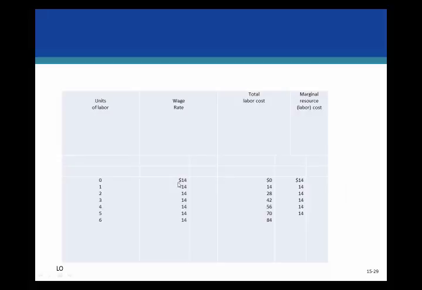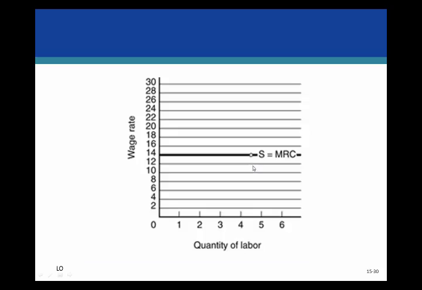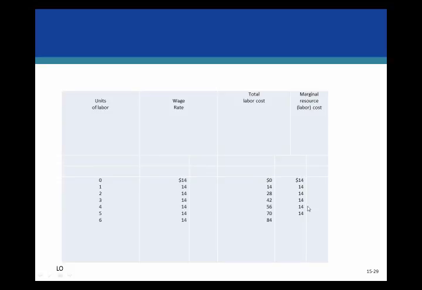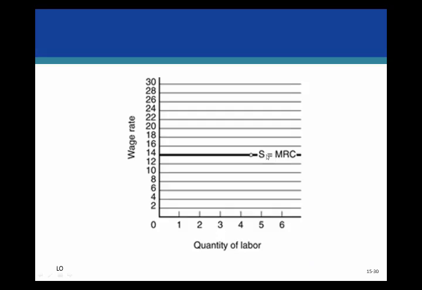All right, so here's that same chart completed. We understand that our marginal resource labor cost has been consistent as we added on different labor units. So if we really track that, our wage rate, our marginal, everything is the same at $14 a unit. So this is what we're looking at right here: our labor costs, and that equals our marginal resource costs.